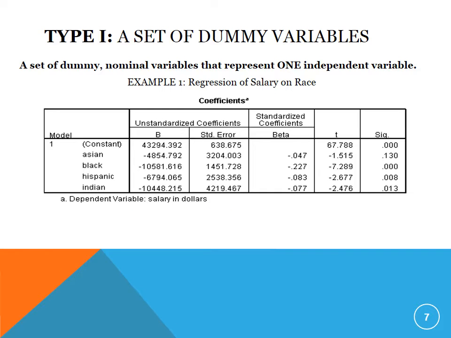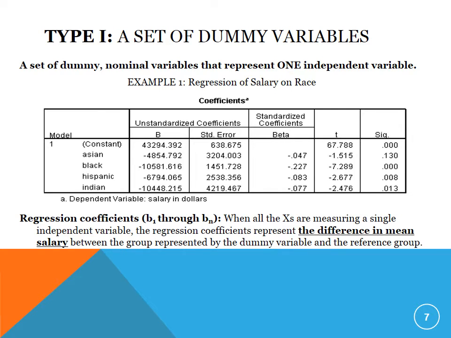So let's continue on in this vein of type 1, set of dummy variables, multivariate output. Looking at the output again, we now know what the constant or the y-intercept means, that 43,000 that you see at the very top. So what do the other numbers mean?